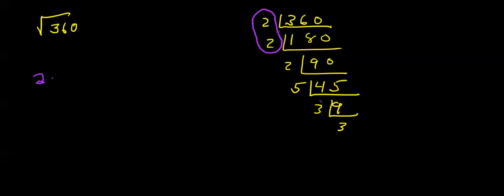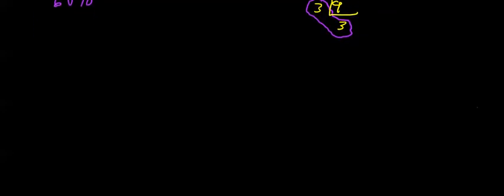A pair of 3s, always looking for pairs, gives me 3. No more pairs. 2 times 3 times the square root of 2 times 5, which is 10, or 6 square root of 10. We're going to do one more, and then we're going to look at fractions.